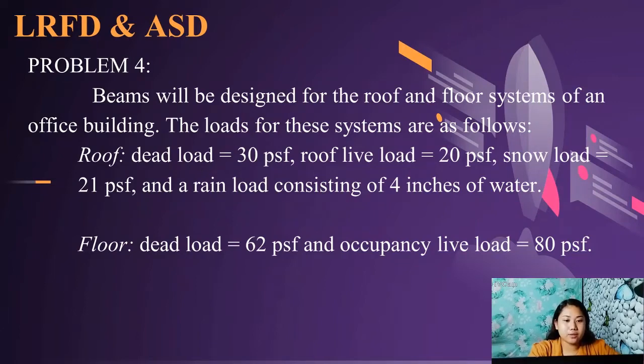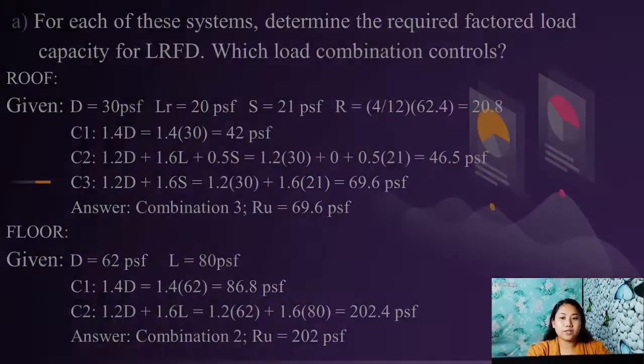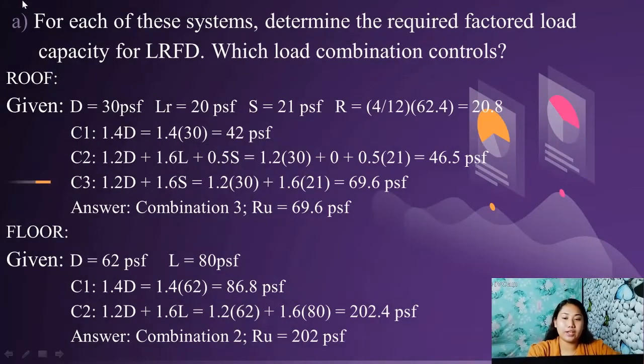And a rain load consisting of 4 inches of water. Floor dead load is 62 pounds per square foot and occupancy live load 80 pounds per square foot. So letter A: for each of these systems, determine the required factored load capacity for LRFD. Which load combination controls?